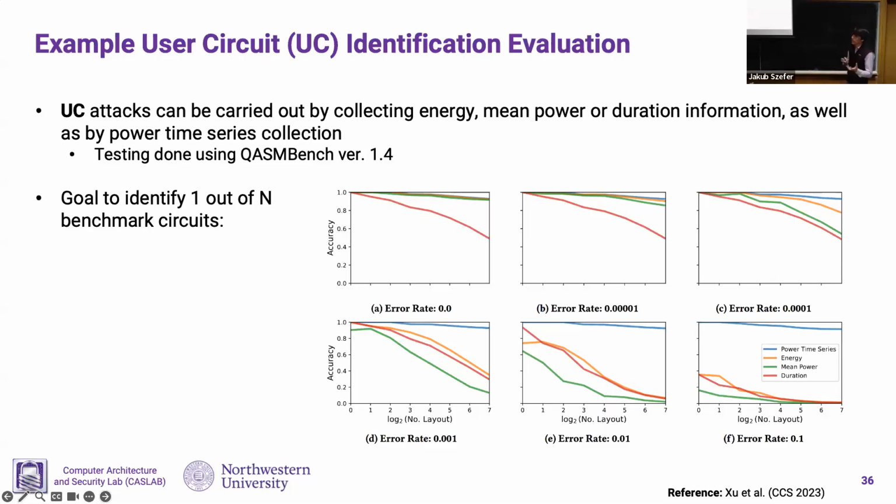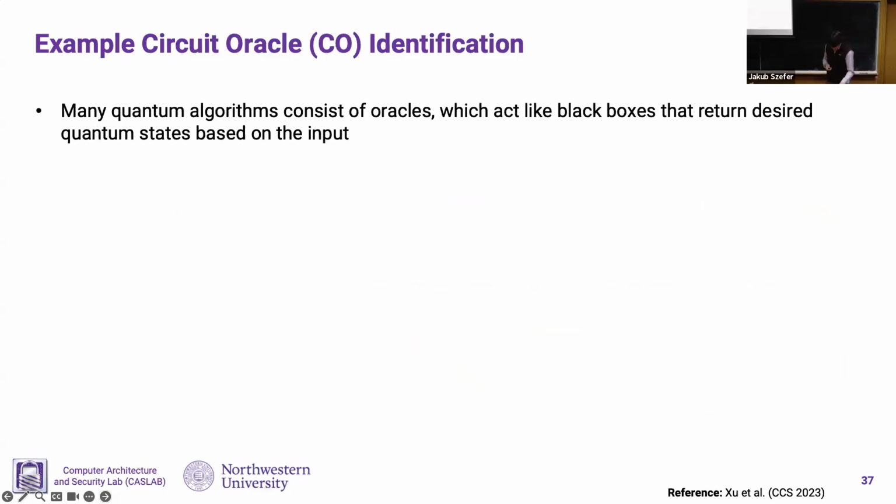So if you're choosing between a quantum adder versus QFT, you can just from the execution time guess what it is. So just something to think about, that an attacker can identify the circuit by some very basic properties.